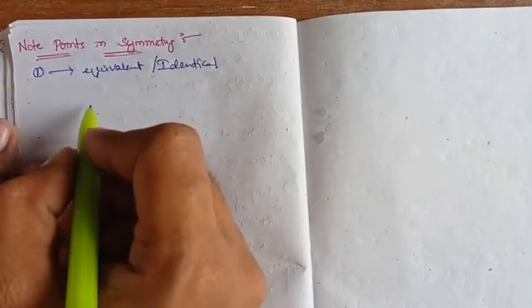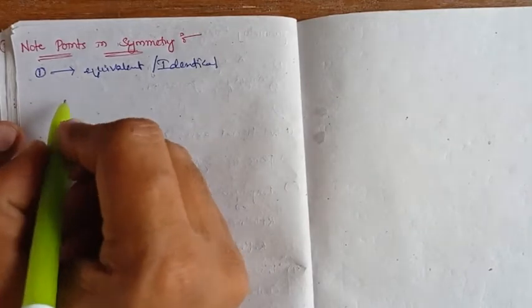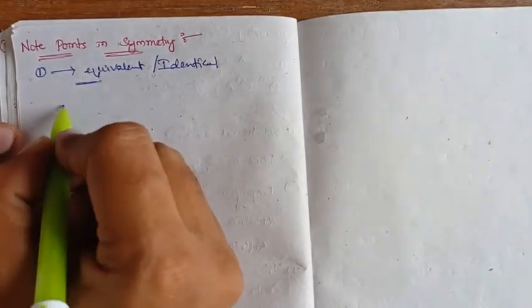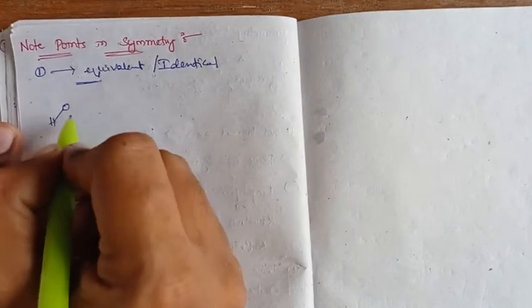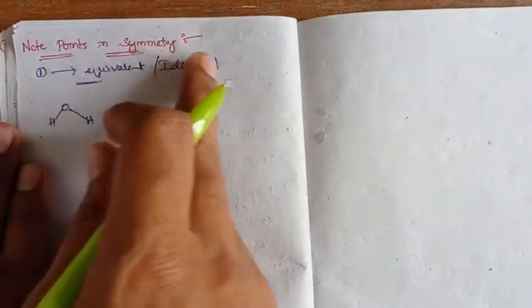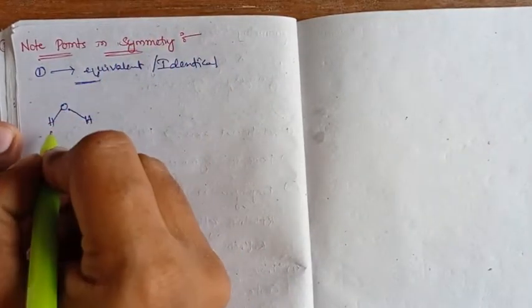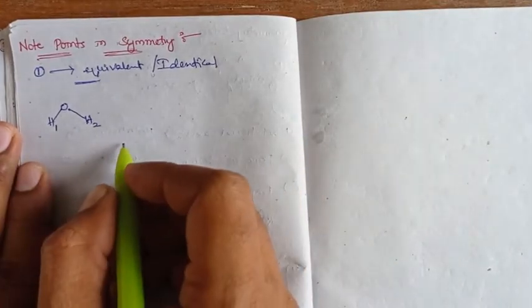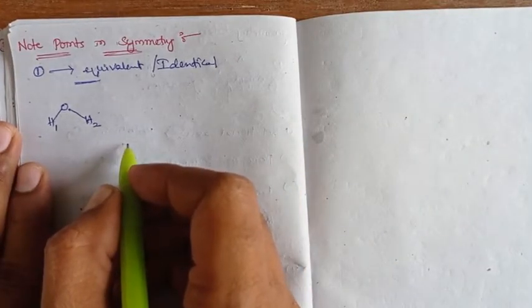Let us see this, right? This is a very specific point we have to analyze now and remember. So if we take a water molecule as the example to analyze this point, I would like to label the similar atoms, hydrogens 1 and 2, right?